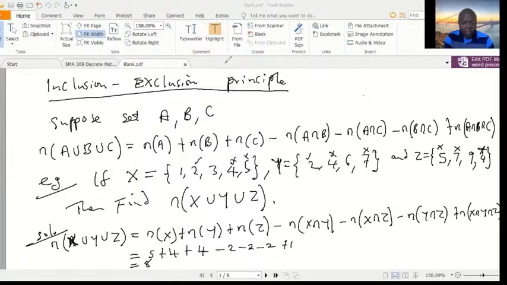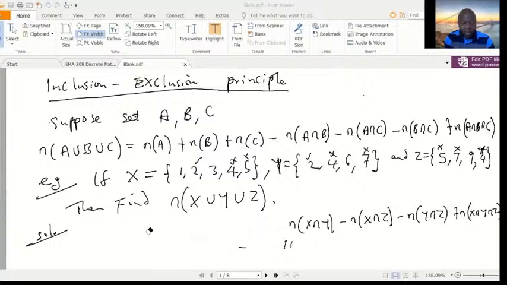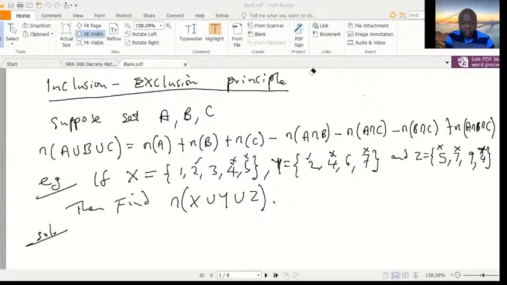If you didn't want to do that, let's see if the other way would have given us the same answer. The other method of just finding the union, then counting the elements there. Let's see if we've gotten 8 as the answer.